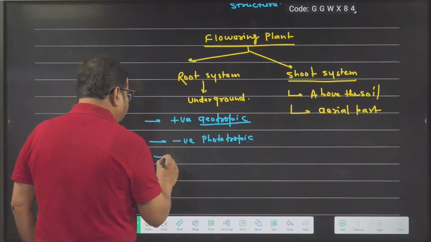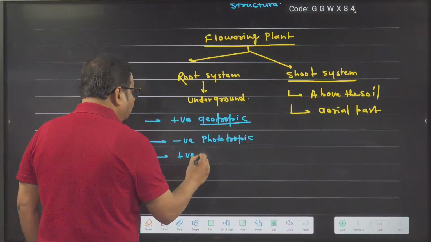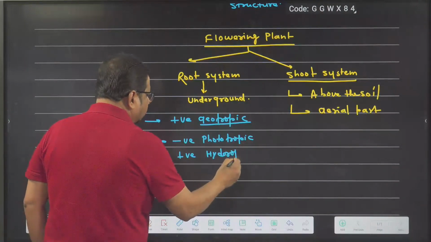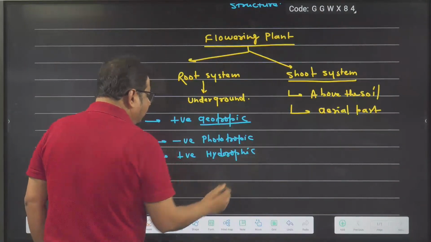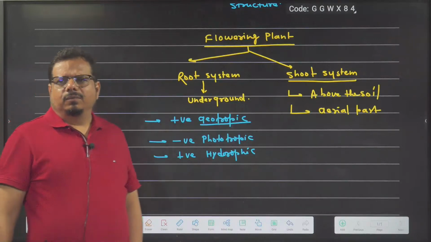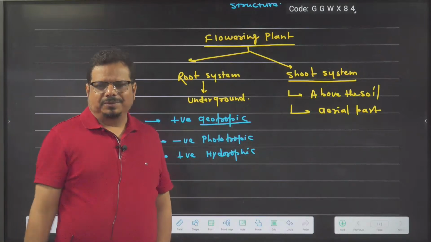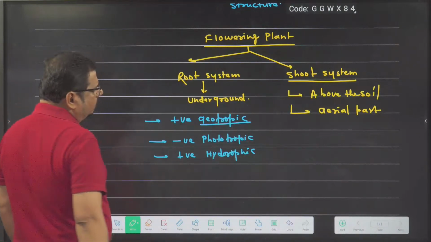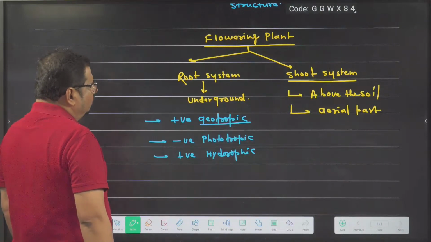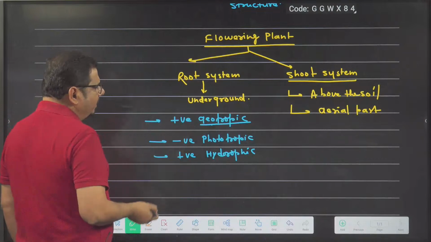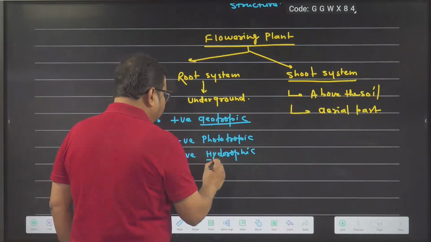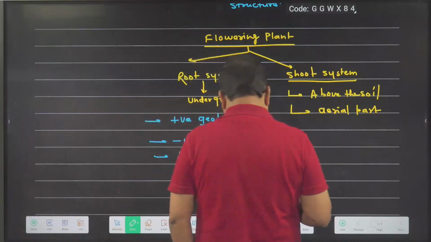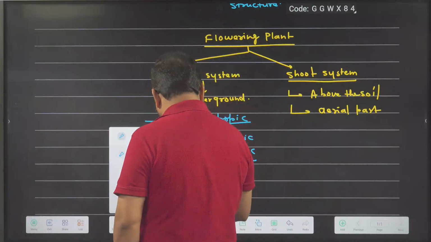And if we talk about the root system, it is also positive hydrotropic. When you are moving deeper in the ground, water availability is more. Getting the things or not? So it is moving toward water also. So the root system is positive geotropic, negative phototropic, and positive hydrotropic. If we talk about the shoot system, it is somehow just opposite.